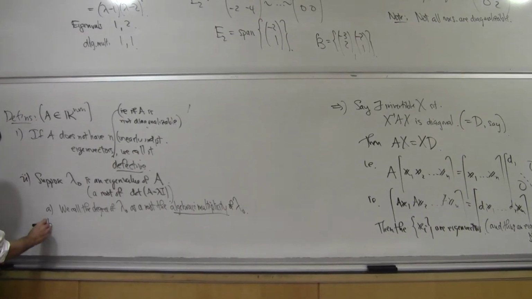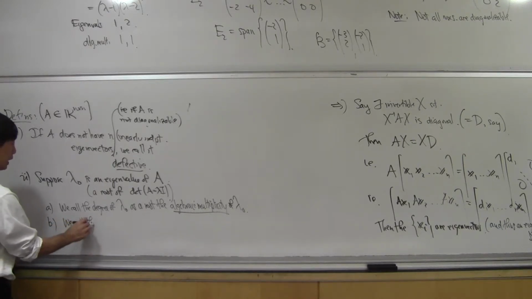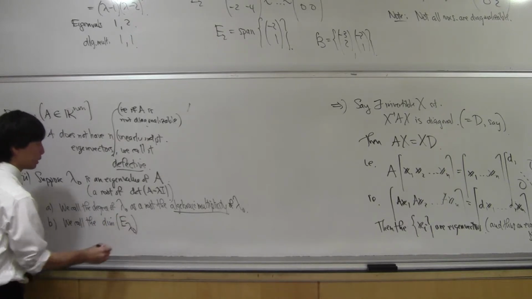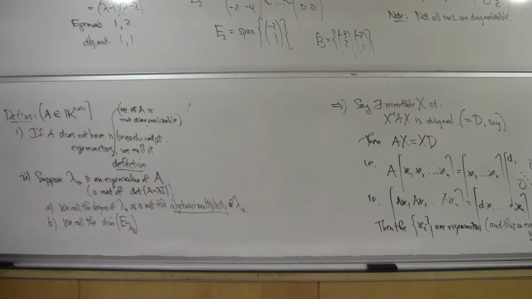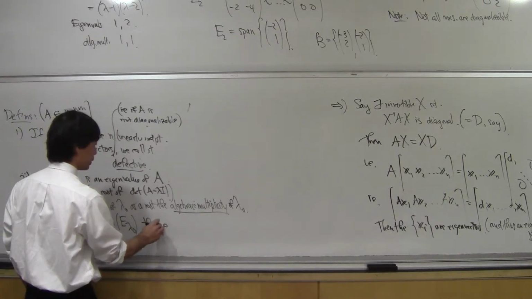Okay. Definition B: we call the dimension of the eigenspace the geometric multiplicity.